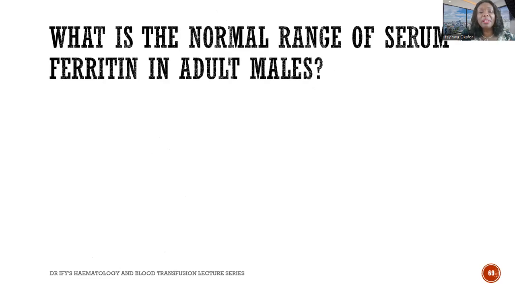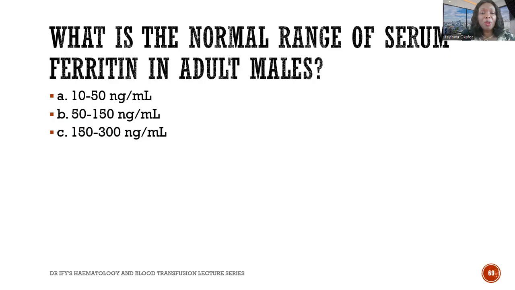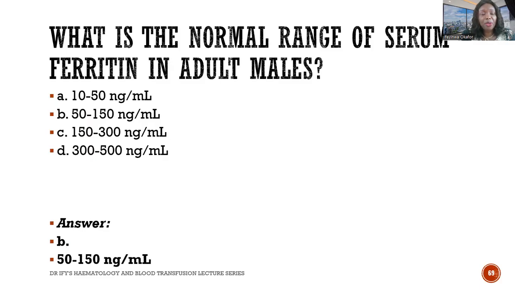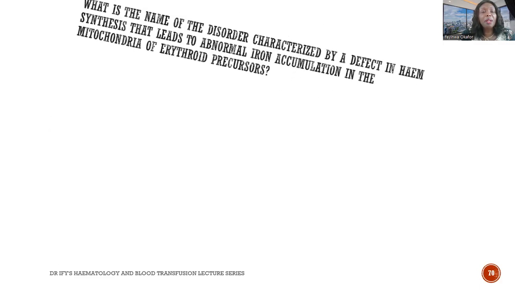What is the normal range of serum ferritin in adult male? 10 to 50 nanogram per ml, 50 to 150, 150 to 300, 300 to 500. Answer B, 50 to 150 nanogram per ml.